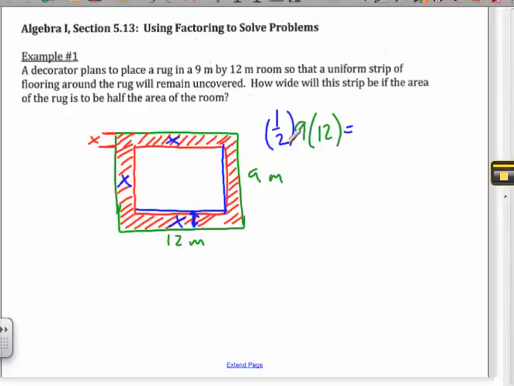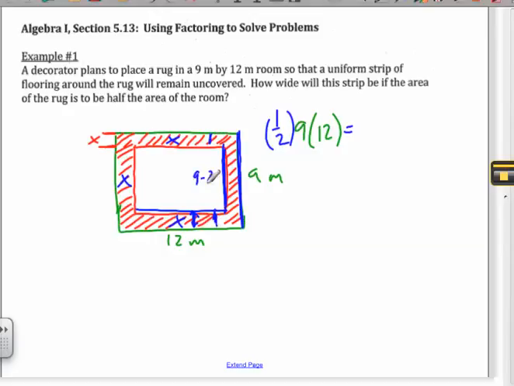Now, how can I set up the area of the rug? How long is each side? Because that's what I have to know. No, it's not x. X is the distance between the wall and the rug. But how long is the rug? How wide is the rug? Jordan, give me one of them. Okay, this side of the room is 9 meters, but I have to take off this x and this x.